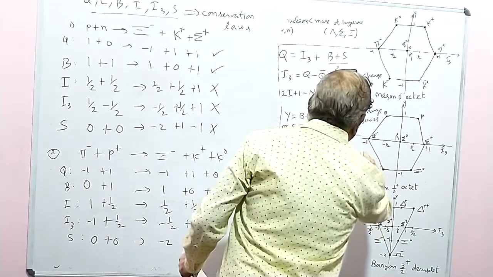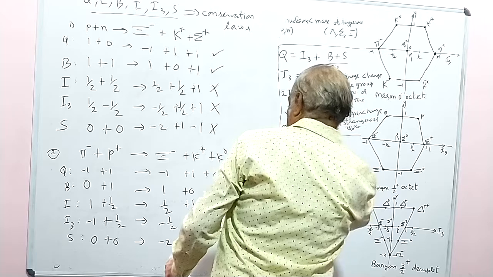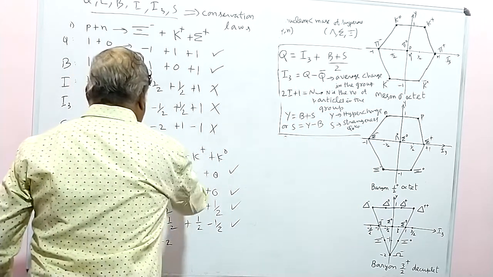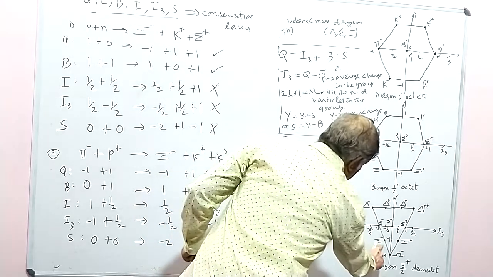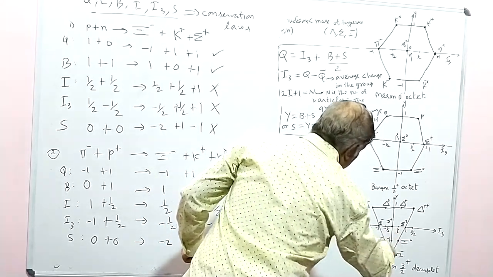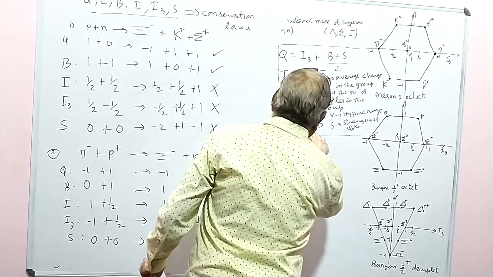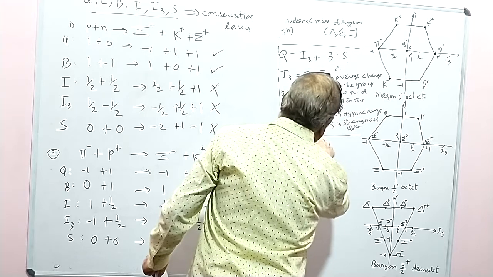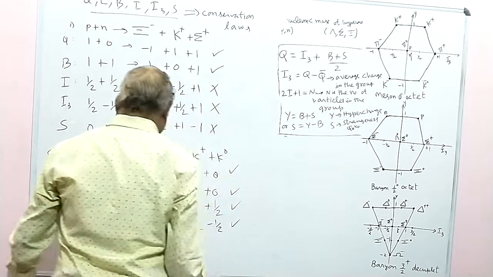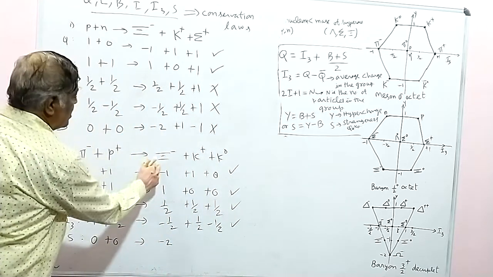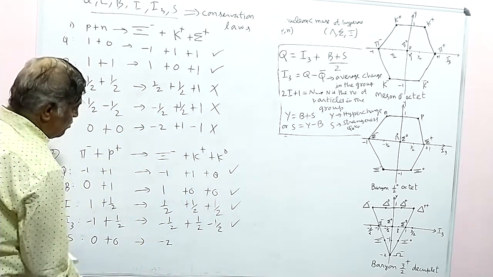Y value will be for which particle? Psi minus. For psi minus, this is already minus 1, minus of minus 1, minus of baryon is 1. So minus 1 minus of 1, which is equal to minus 2. Therefore strangeness number for this particle, the cascade particle, is minus 2.